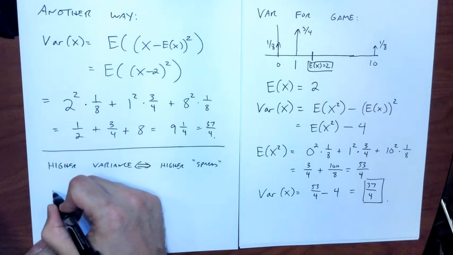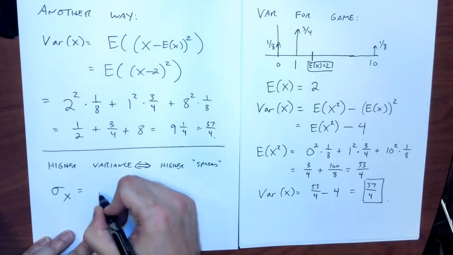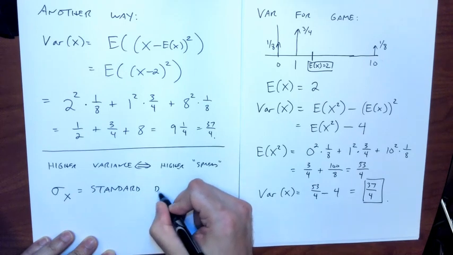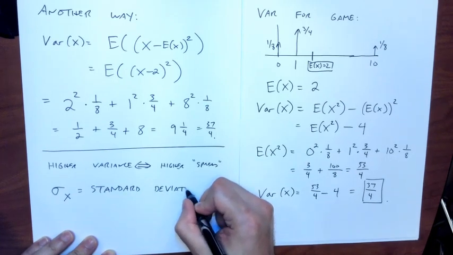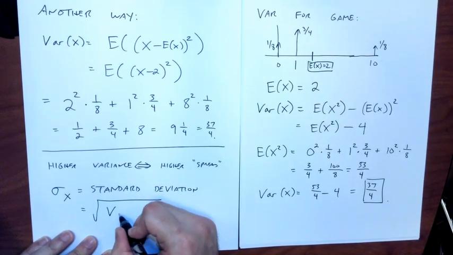You will also see this notation sometimes, sigma of x. That is what's called the standard deviation. If you've ever done any sort of data analysis, you've definitely seen the standard deviation before. The standard deviation is defined as the square root of the variance.